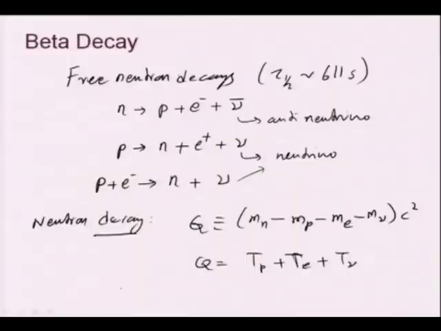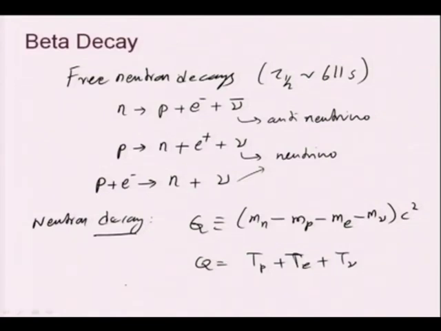Therefore, the proton is about 1900 times heavier than the electron, and it will only take very little kinetic energy with it. So, we will neglect that, and then Q becomes T e plus T nu, and you can ask the question, what is the maximum kinetic energy that we observe for the electron?